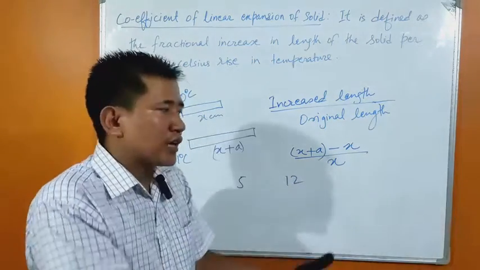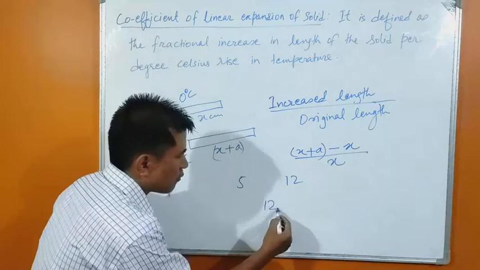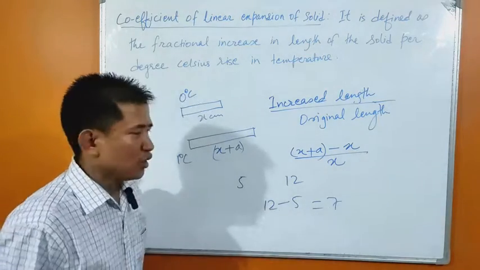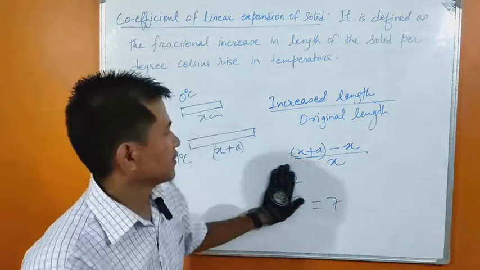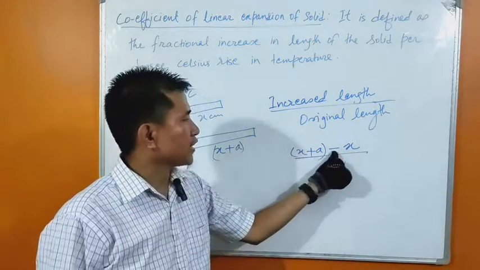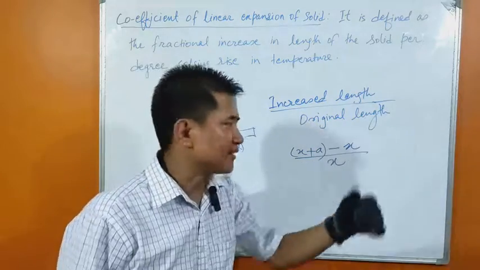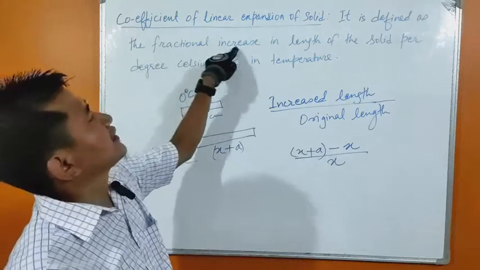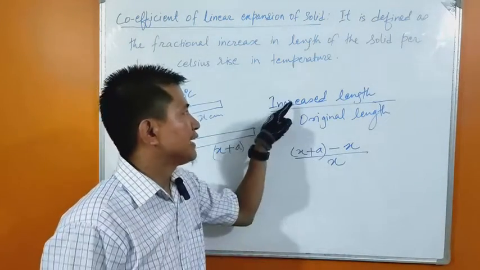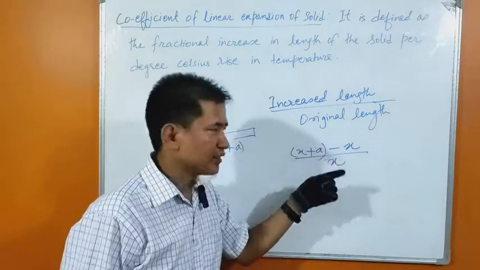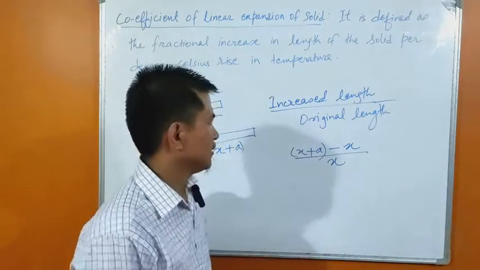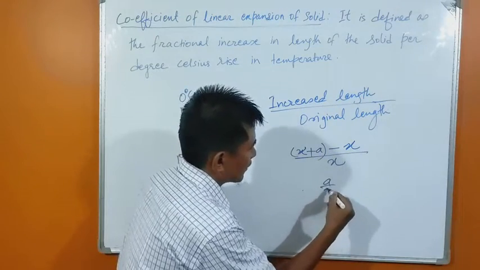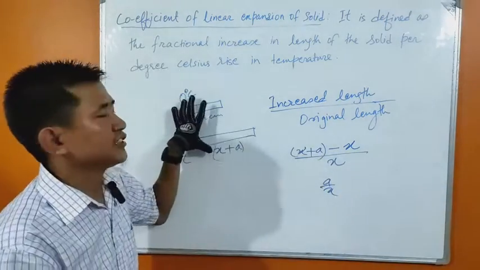Now the increase in money is the new amount minus the old amount, that is 12 minus 5 is 7, isn't it? So new minus old. New length minus old length is the increased length, divided by original length is what you call fractional increase. Now this plus x and minus x cancel out, giving a upon x. This is the fractional increase in this example.